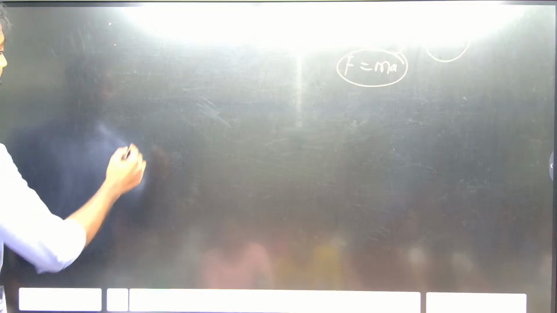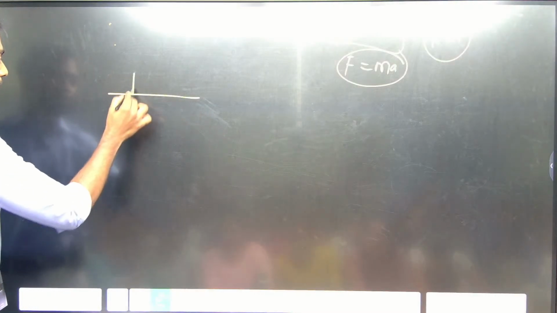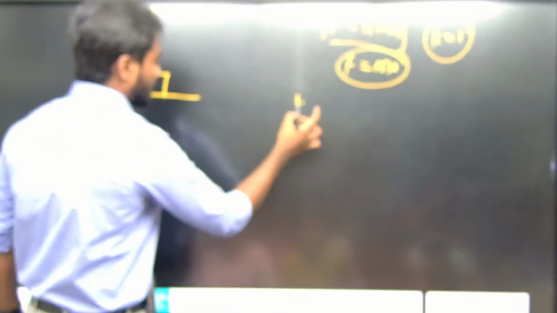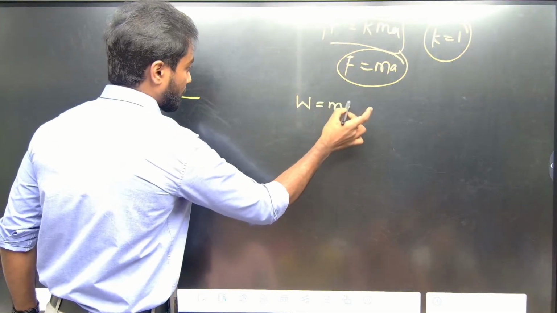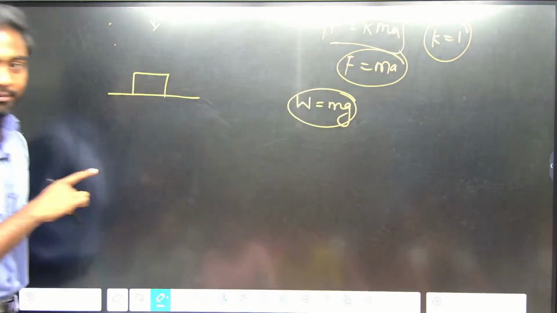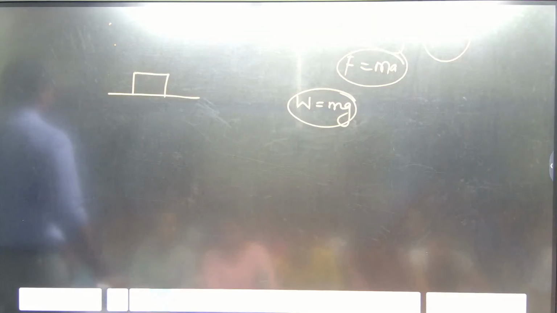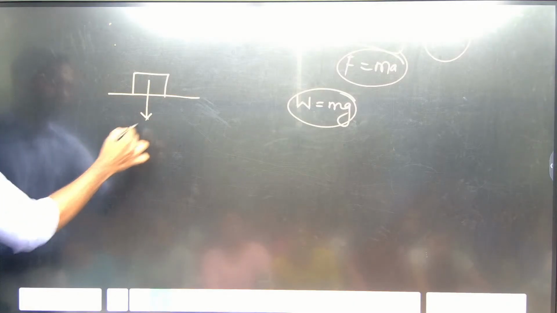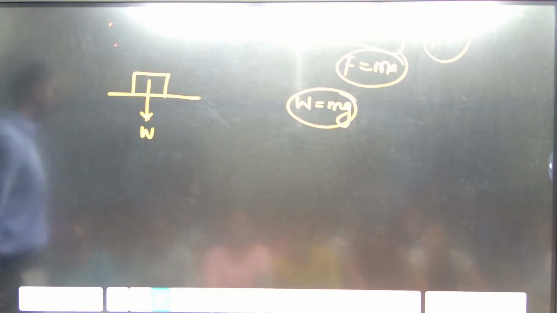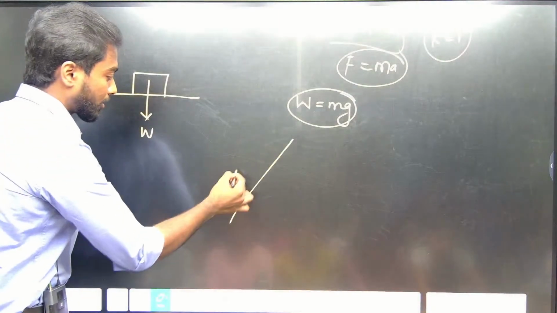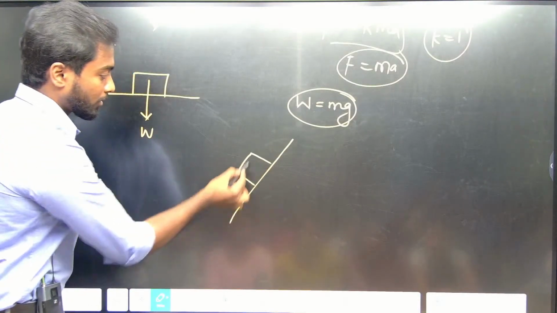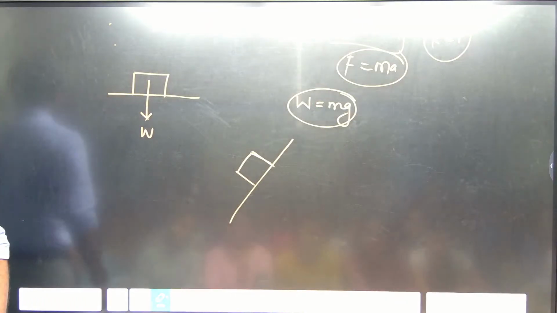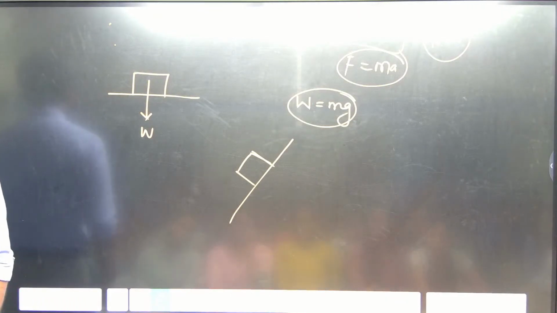Now if I talk about the free body diagram for the weight, how will it act? Towards down. Weight is nothing but mass into gravity. Whatever the mass, that mass into gravity is the weight. It is towards down, this is my weight. If I talk about the inclined plane, how should it be?